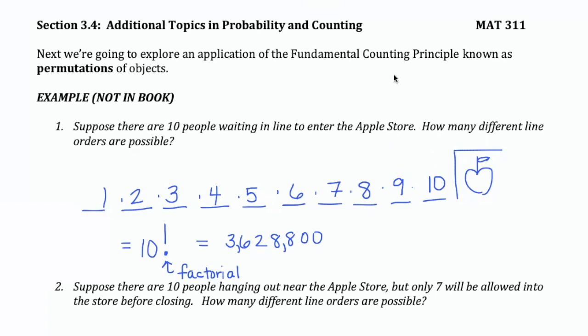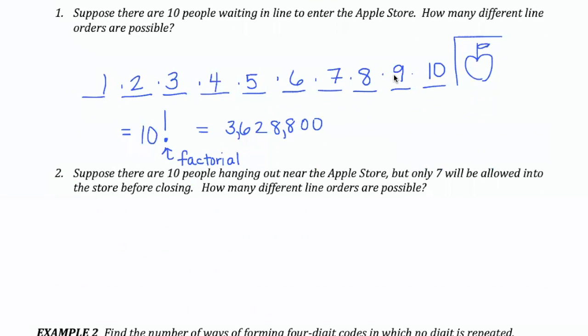Now, in the next example, suppose there are 10 people hanging out near the Apple Store, but only 7 are going to be allowed into the store before closing. How many different line orders are possible? Again, I've got my Apple Store, and this time I'm going to put out 7 positions for people to wait in. In the first position, there are 10 people hanging out.